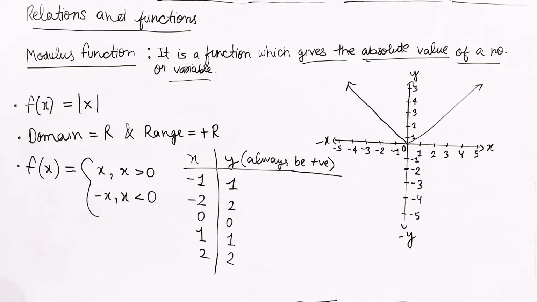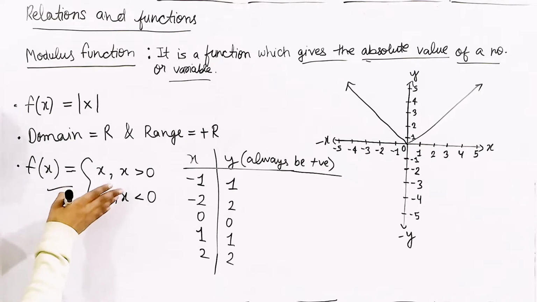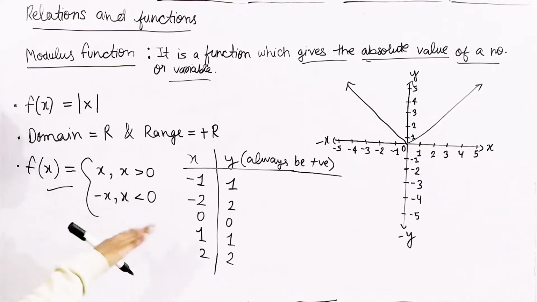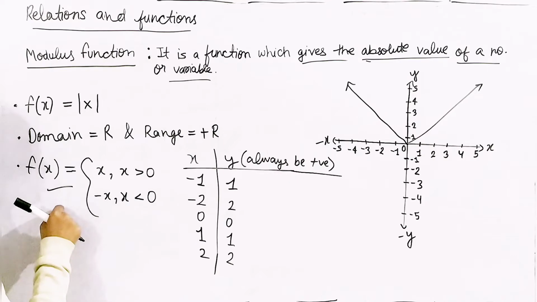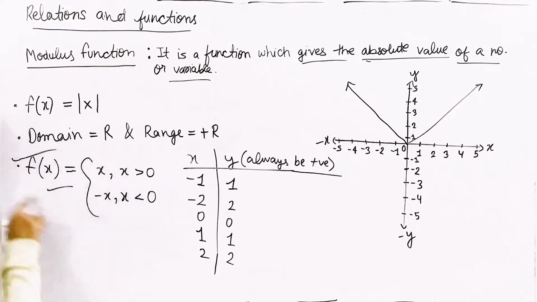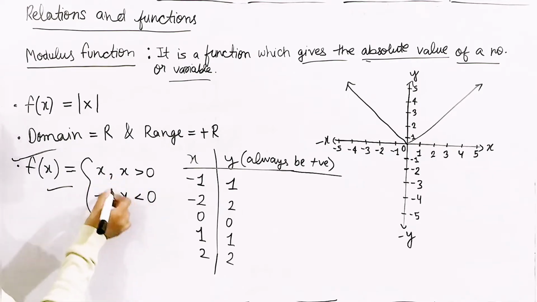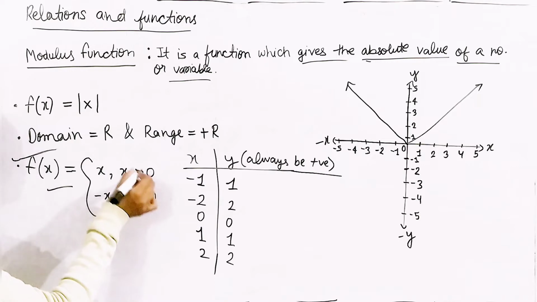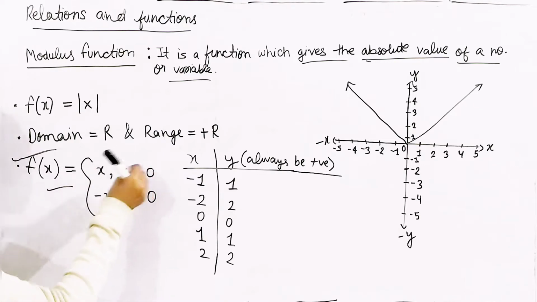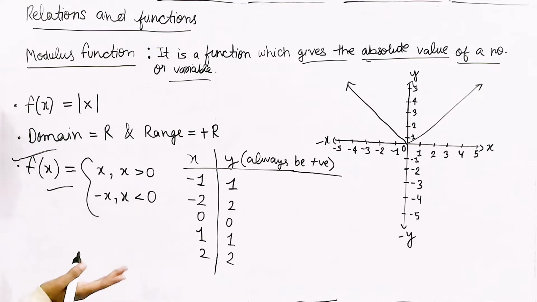I'll be using this in the questions, whenever I'm solving questions. We have to remember this: positive x if x is greater than 0, negative x if x is smaller than 0.